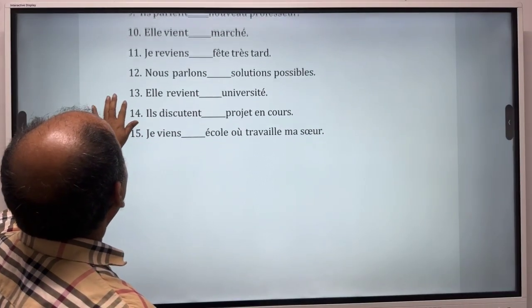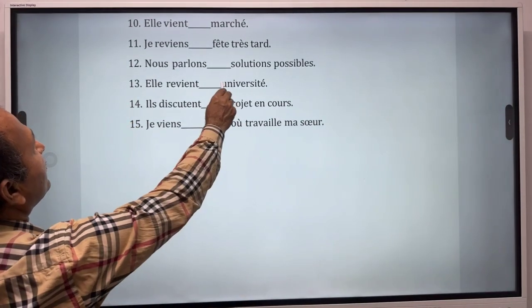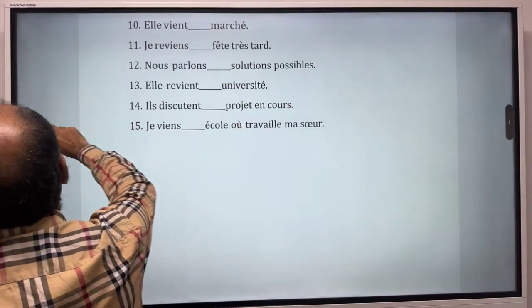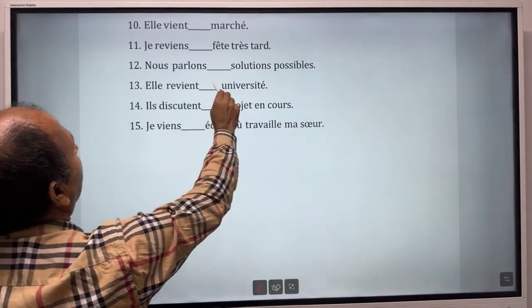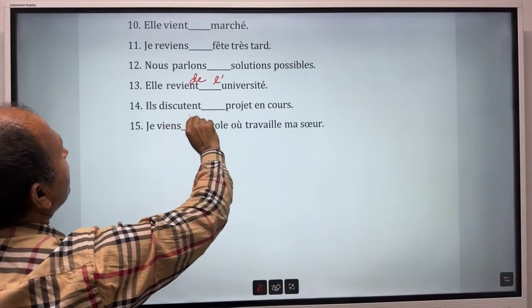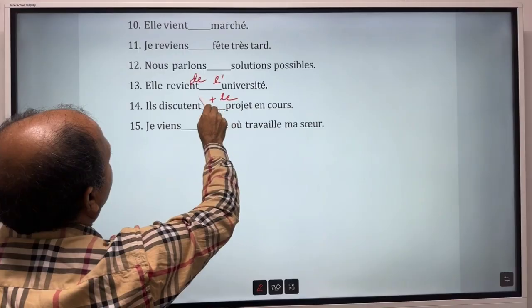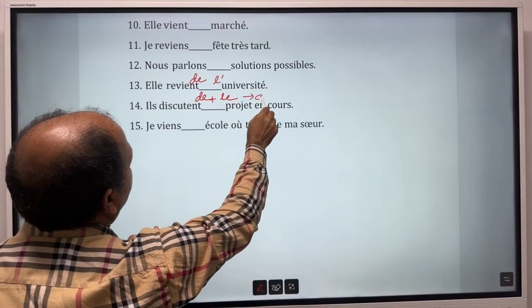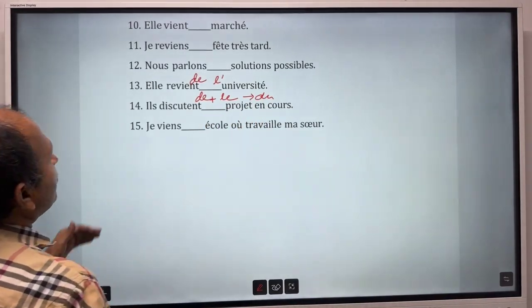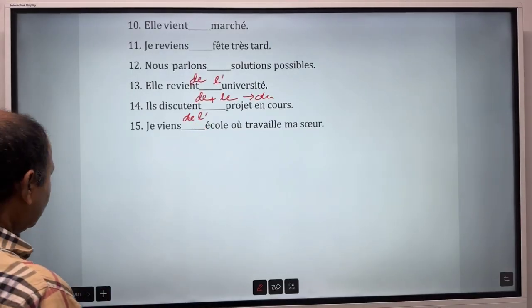Then comes elle revient de l'université. Université takes definite article L apostrophe. So this will become de l'université. Il discute du projet. Projet takes definite article LE. So when it combines with DE, it becomes DU. Then je reviens de l'apostrophe.